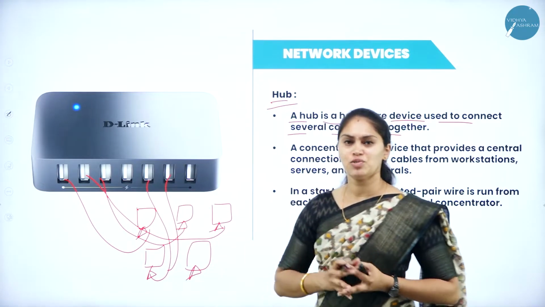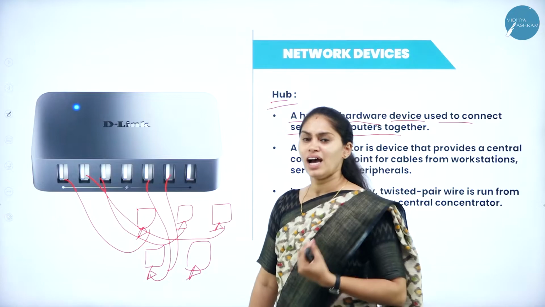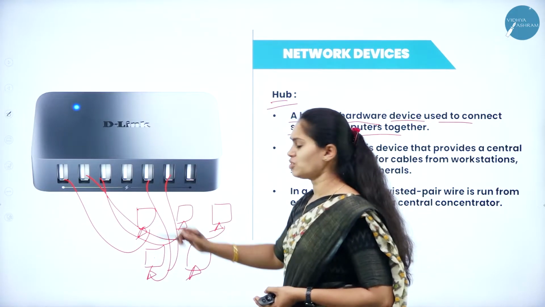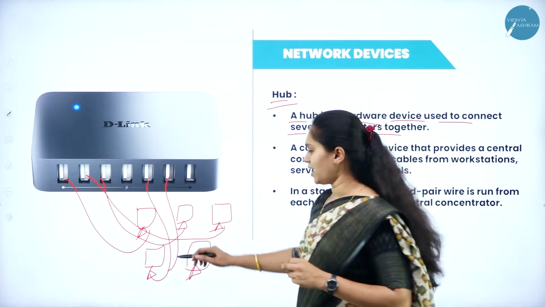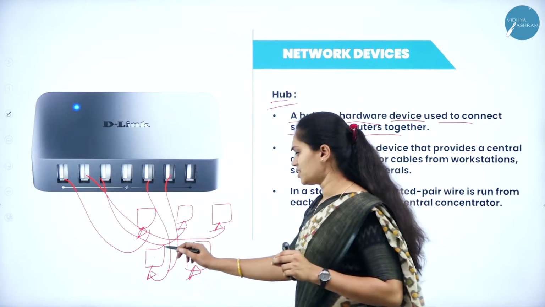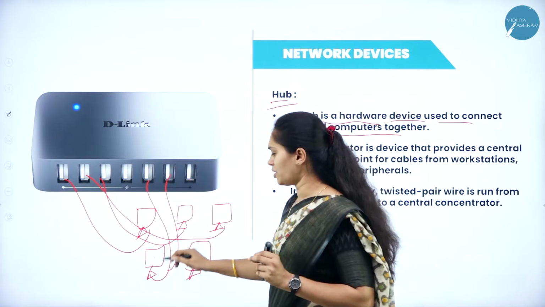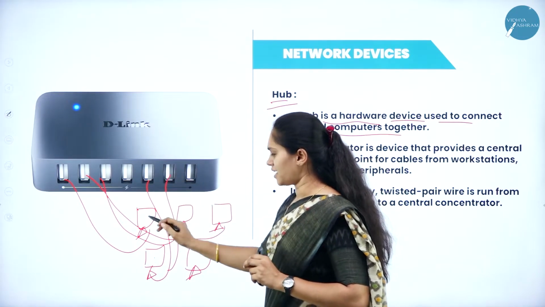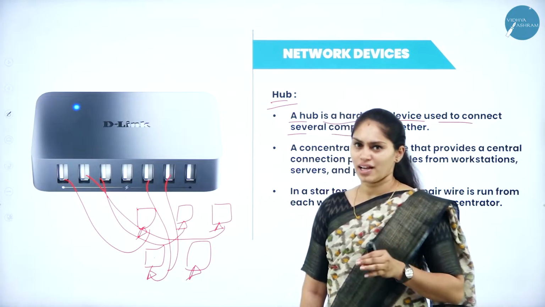So what is the main use of having a hub? For example, if I want to share data from this computer to this computer, instead of sending it directly, the content of this computer or workstation is going to reach the hub. Then the hub is going to send its content back to this workstation or computer.